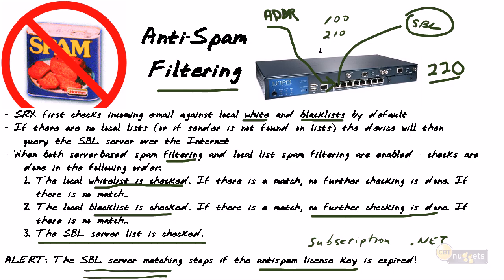But if you're using a 100 or a 210, a low-end device, for things like local web filtering and local whitelist and blacklist, you have to have the high memory versions of these to be able to use these free UTM features. Okay, so keep that in mind. And so again, if the anti-spam license key is expired, then there will be no SBL server matching.